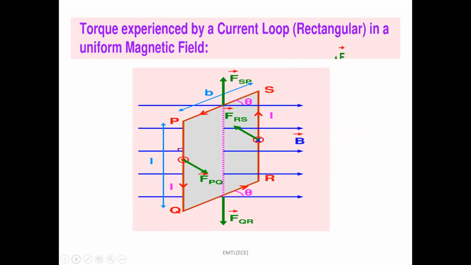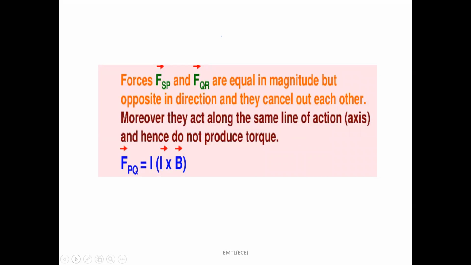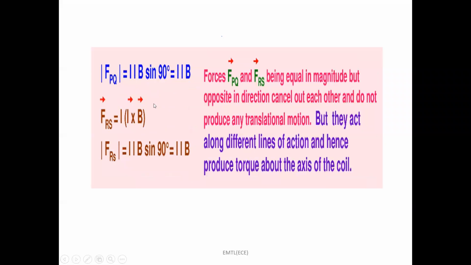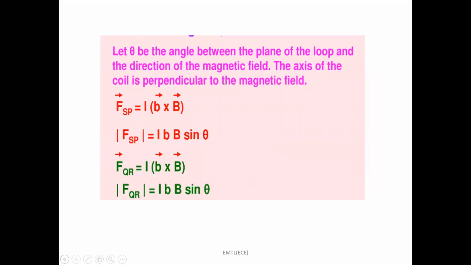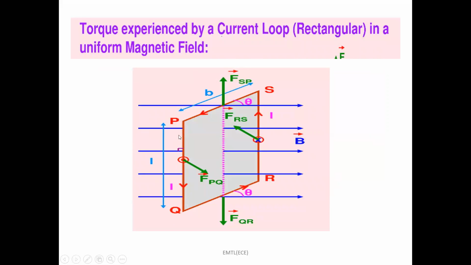So here, on the side PQ, the magnetic force is equivalent to I into L cross B, where L is the length of that side. Similarly, ILB sine 90 degrees. Why do we have to take it as 90 degrees? The angle between the loop side and the magnetic field, when you observe, is 90 degrees.